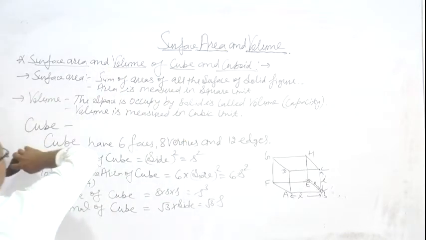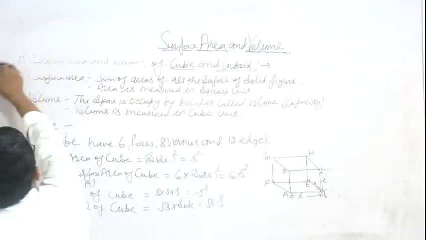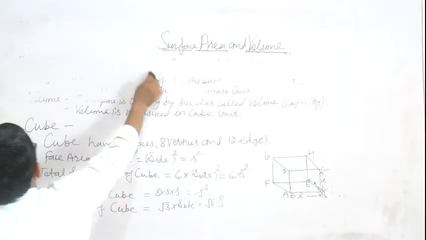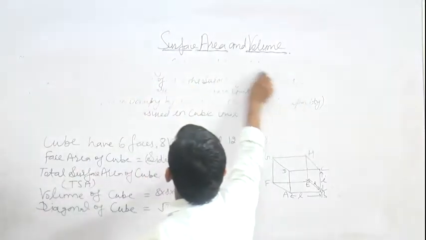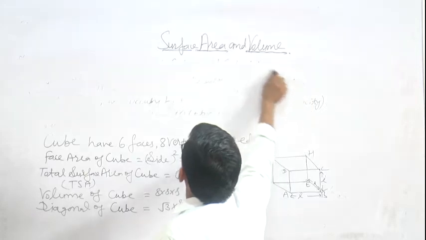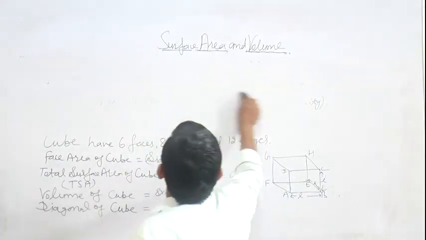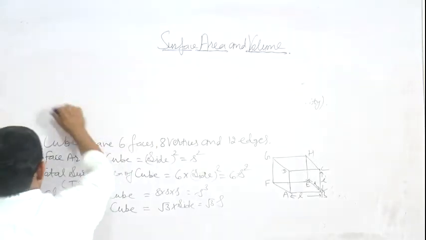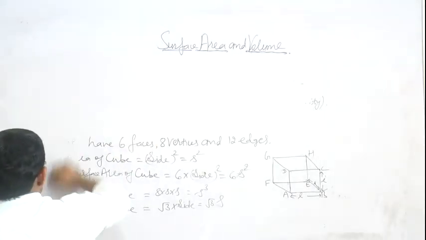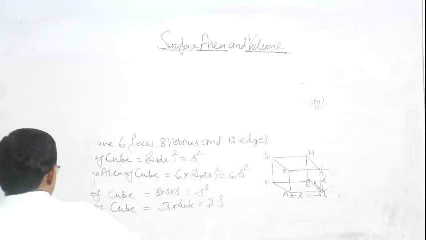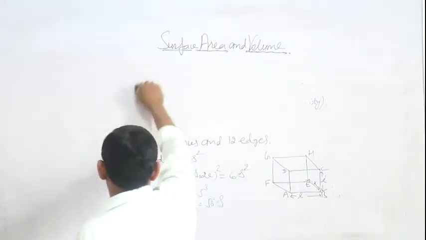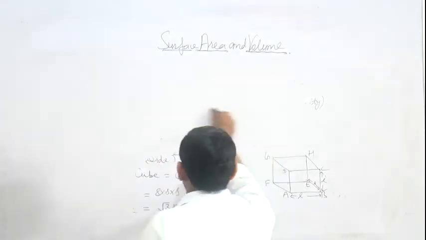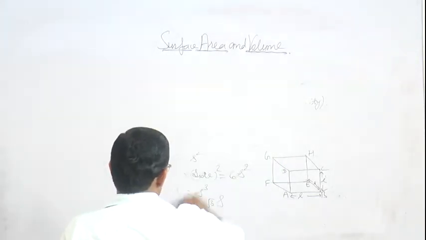So surface area and volume of cube and cuboid is the first topic of the new chapter. The new chapter is surface area and volume. In this, first we study surface area and volume of cuboid, then surface area and volume of cube.